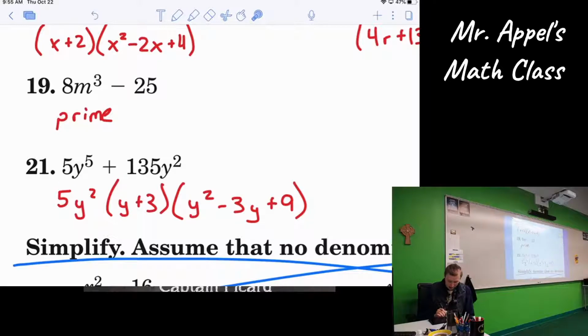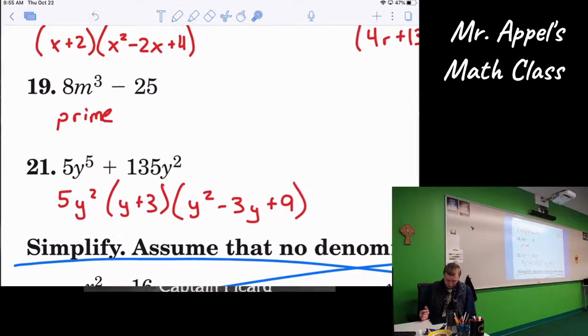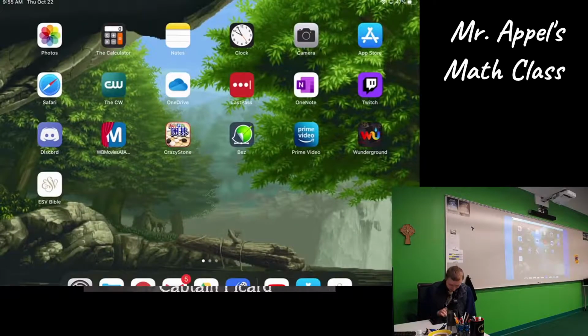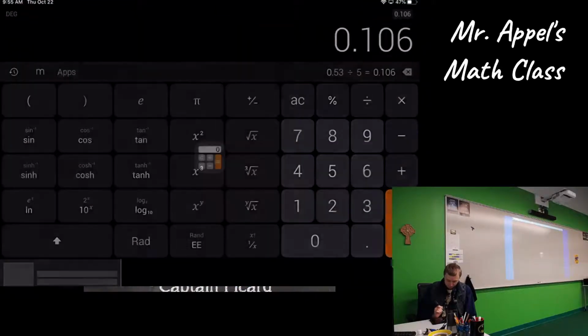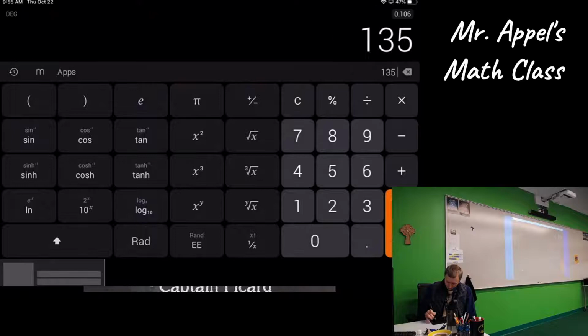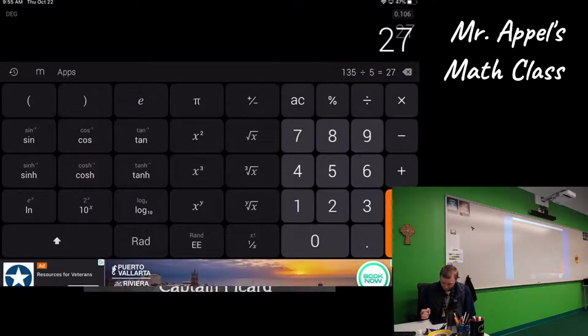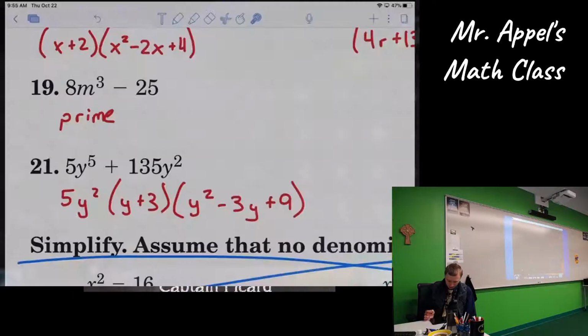So this ends in a 5. I'm going to guess 135 is divisible by 5. I don't know that one off the top of my head. Good old calculator app, where are you? 135 divided by 5. That's 27. Okay, interesting number to work with.